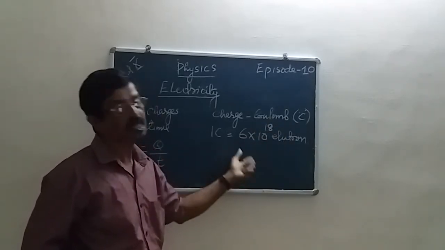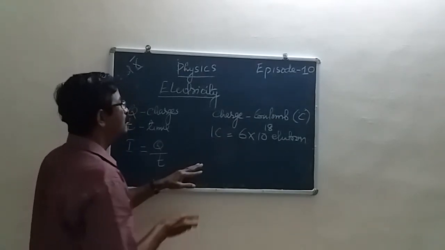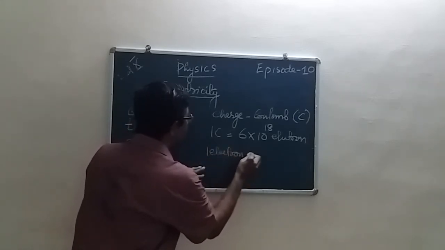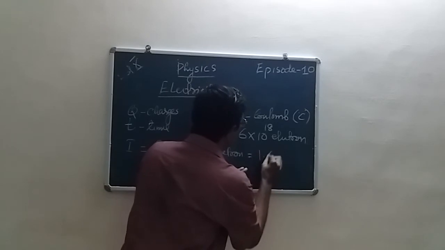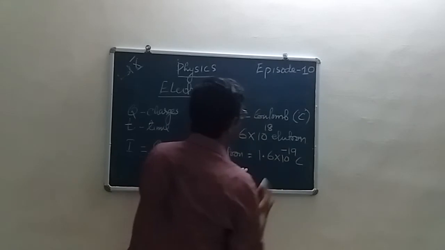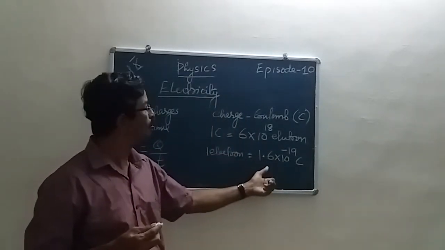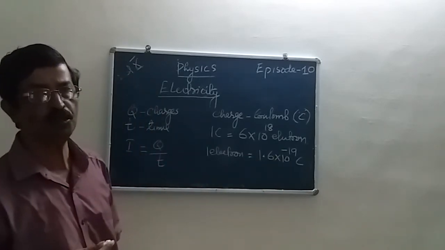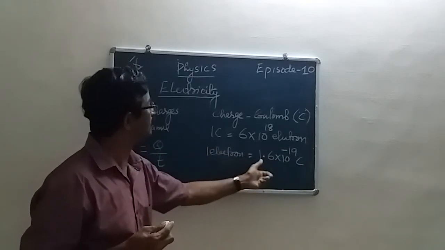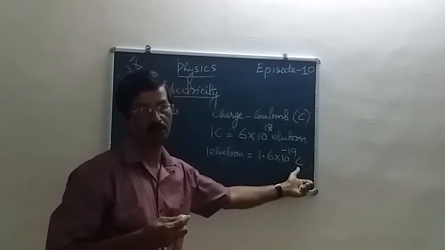And the charge of 1 electron is equal to 1.6 into 10 to the power minus 19 coulomb.